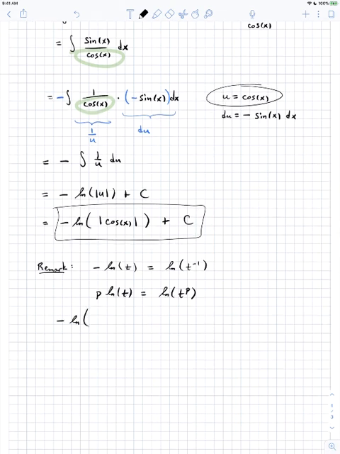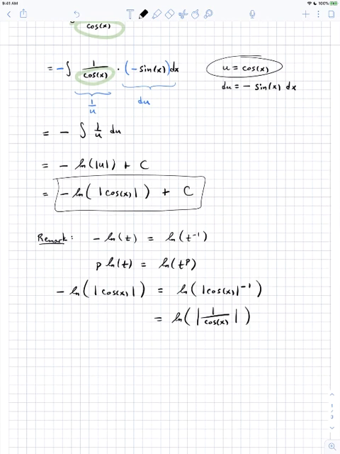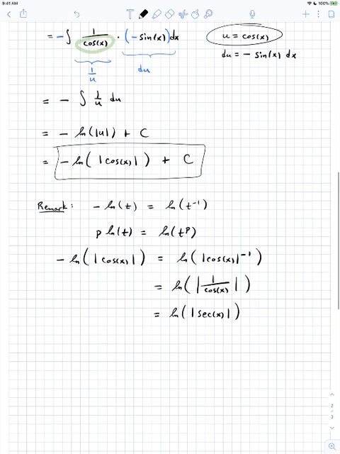Minus ln of the absolute value of cosine of x is equal to ln of the absolute value of cosine of x to the minus 1. Now, you might remember that this is 1 over cosine of x. Well, there are some absolute values there. And 1 over cosine is another way of writing secant. So this is ln of the absolute value of secant of x. So it's very common to write the antiderivative of tangent this way.